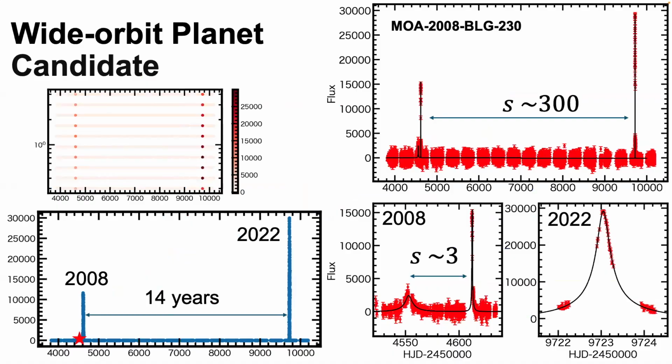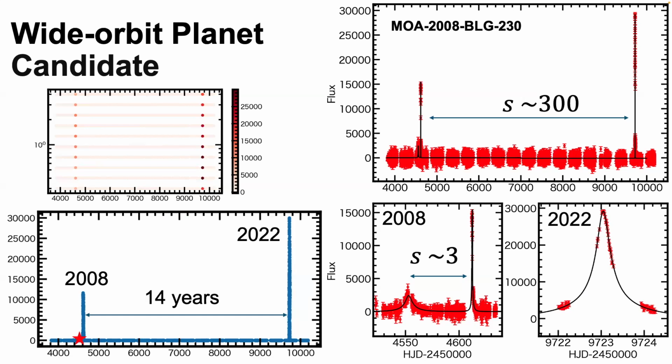We also discovered a very interesting event with a wide signal. This event was alerted in 2008, and two bumps were identified in 2008. This light curve can be well explained by the planetary model with s equals 3. However, in addition, our algorithm discovered that the event was also magnified in 2022.